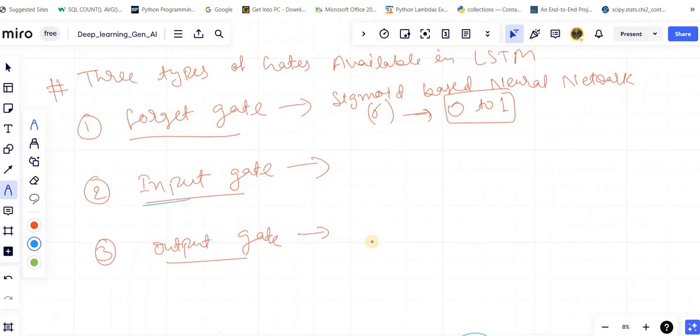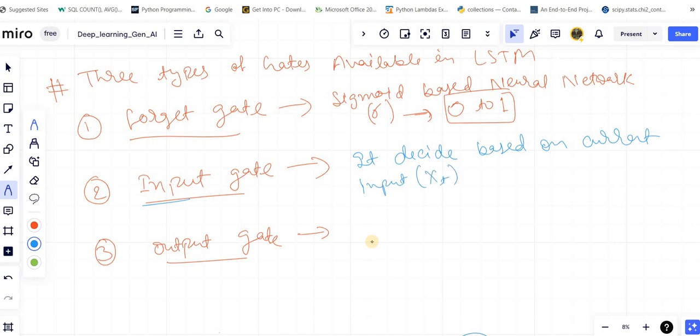Okay. Now the input gate. The input gate decides, based on the current input, which is xt, what new information should be added in the long term, which is ct minus 1, or you can say ct, whatever it is.